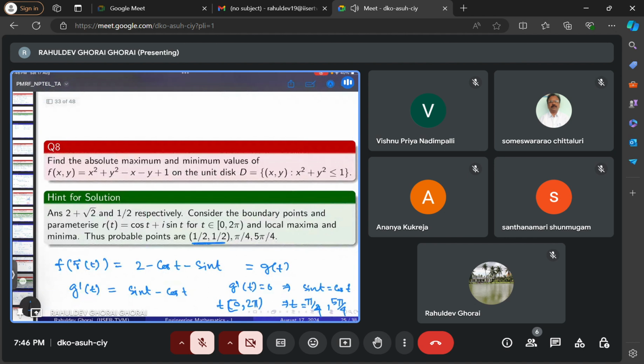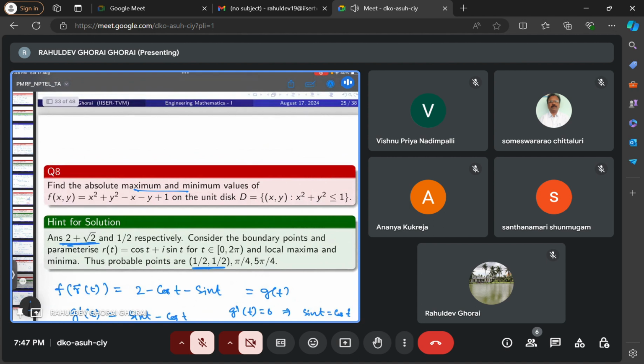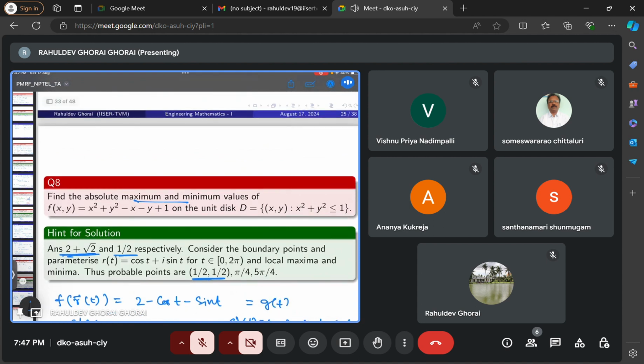We have to find maxima and minima. The answer is given as 2 plus root 2 and half. So f at 1 by 2, 1 by 2 will be 1 by 4 plus 1 by 4 minus 1 by 2 minus 1 by 2 plus 1, this will be half.